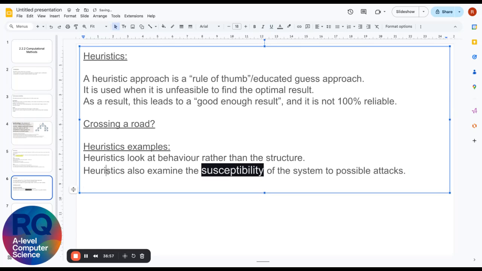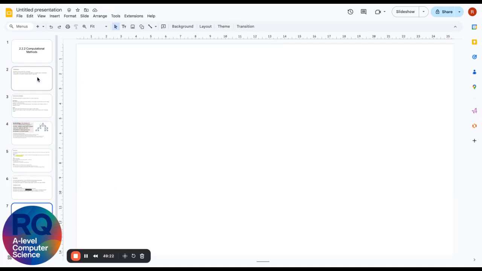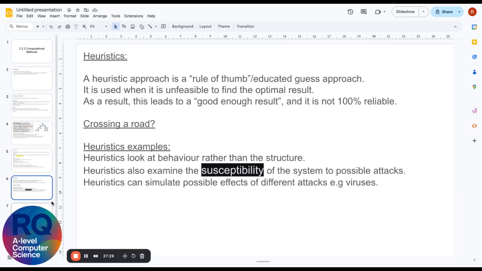Heuristics can also, in terms of virus and anti-malware handling, simulate possible effects of different attacks, e.g. viruses. And this is primarily the main content of 2.2.2 computational methods.